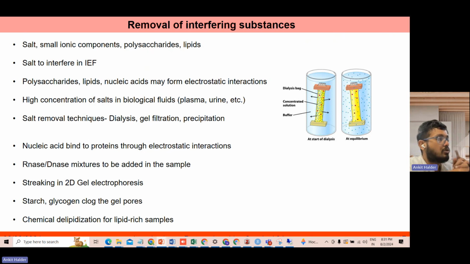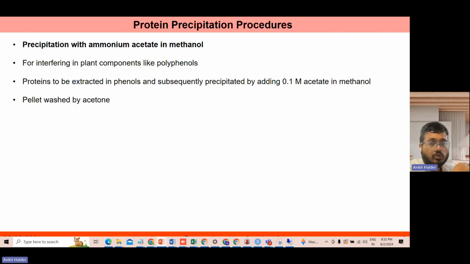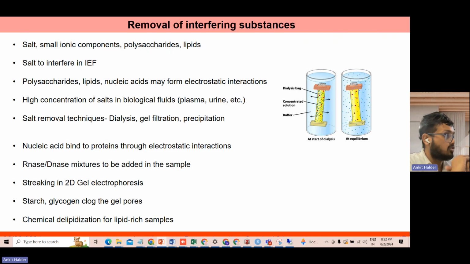Then comes precipitation with organic solvents like acetone, followed by trichloroacetic acid precipitation, and then TCA acetone precipitation, which is extensively used in research. And when we have challenging conditions like polyphenols, we can do extraction by precipitation with acetate in methanol, and then finally wash the pellets with acetone.